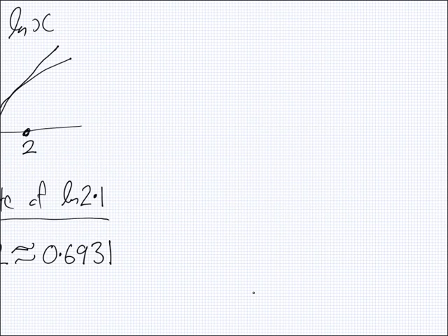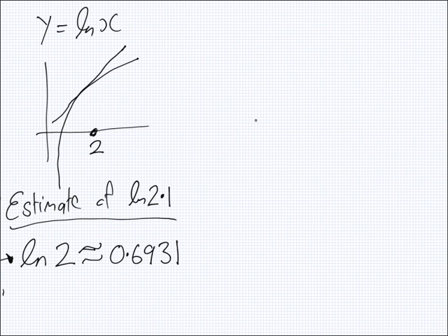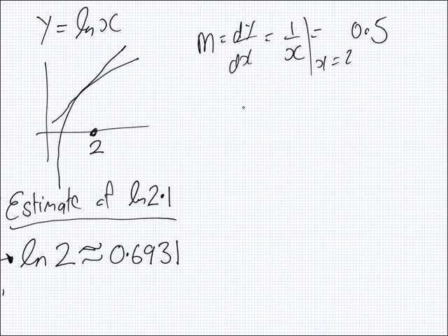Right. So first let's get the m, which is dy/dx, which is 1 over x. And then the x is 2, so it's a half, 0.5. So we have y equals 0.5x plus c.